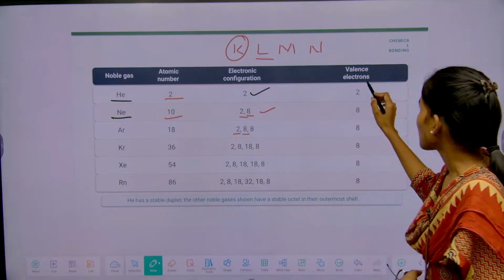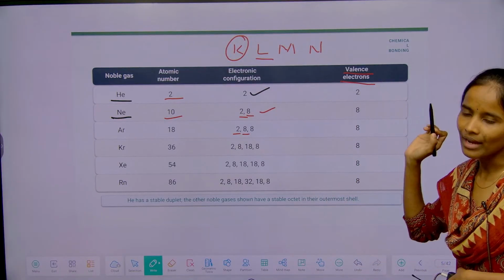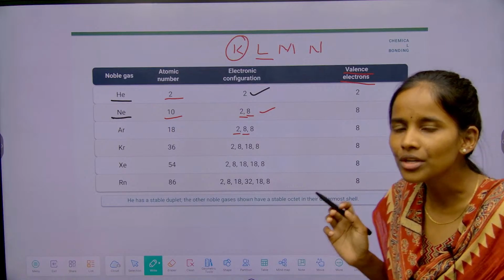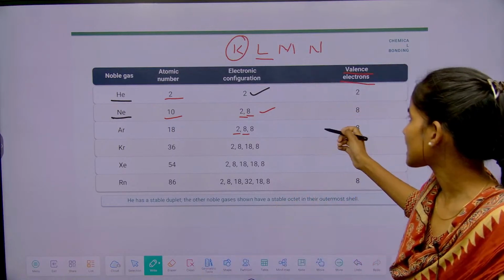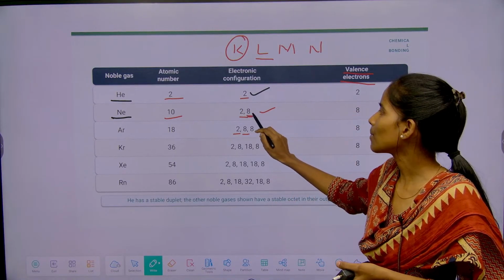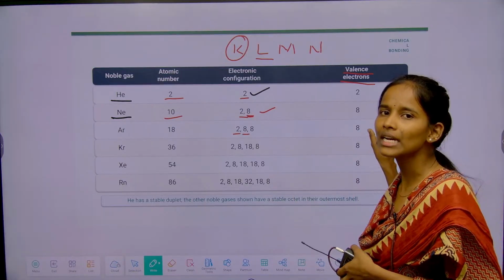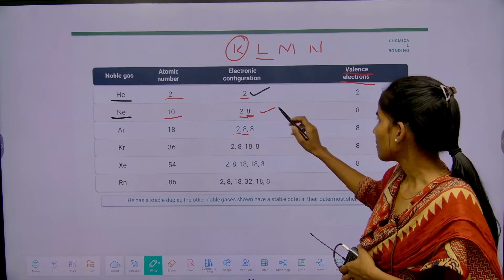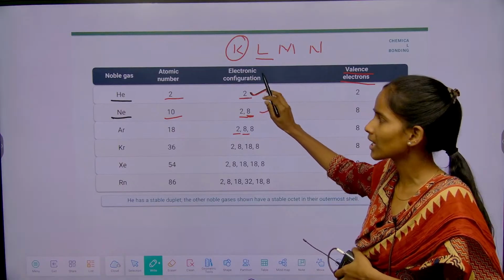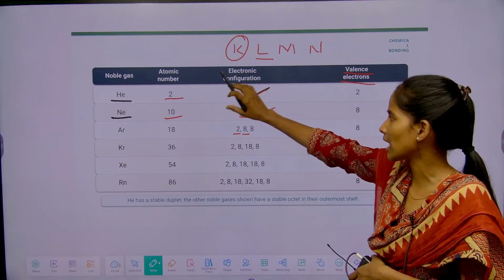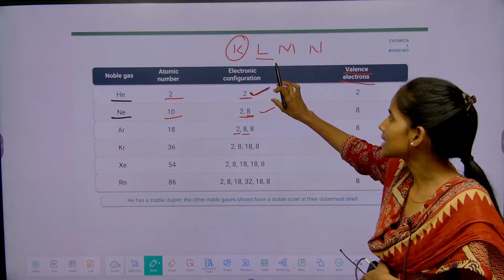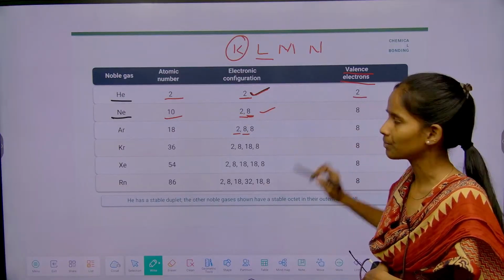Now coming to valence electrons. Valence electrons are nothing but the number of electrons in the last, outermost shell. If you observe here, only one shell is filled and it is the outermost shell for helium, so valence electrons for helium is 2.